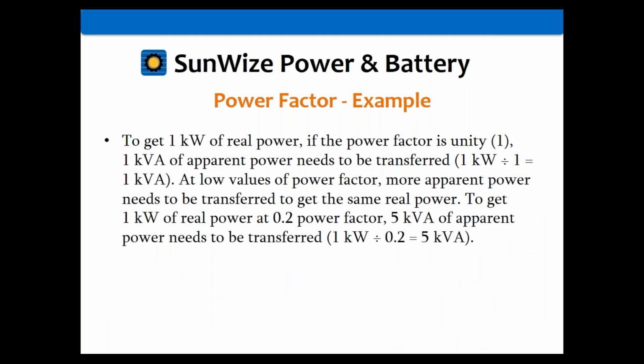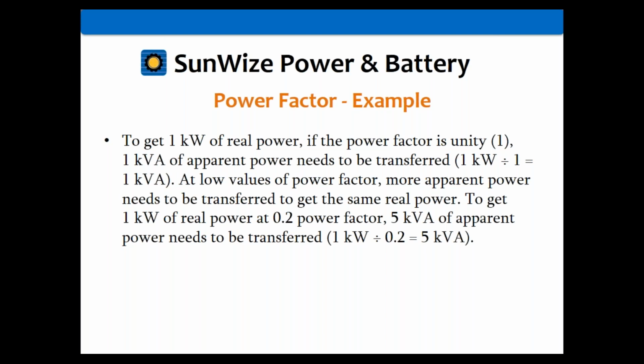Well, what this means is that if you were to take a device that has a real power of 1 kilowatt, but because your voltage waveform and your current waveform on your AC load are out of phase with each other, say it has a power factor of 0.2.